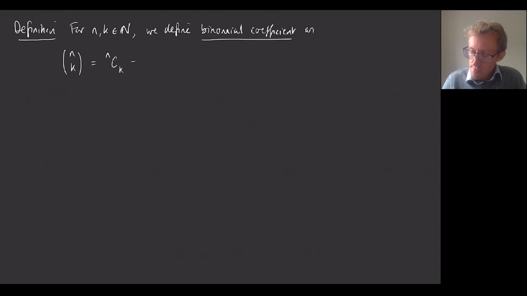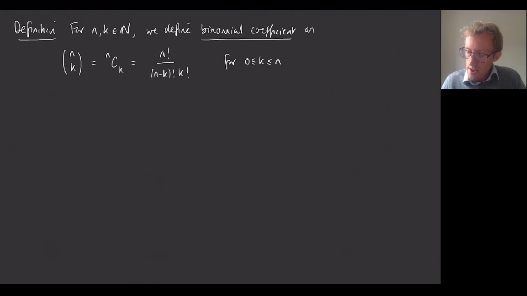And this is just defined in terms of some factorials. It's defined as n factorial over (n minus k) factorial, k factorial. And this definition works for k in between 0 and n.